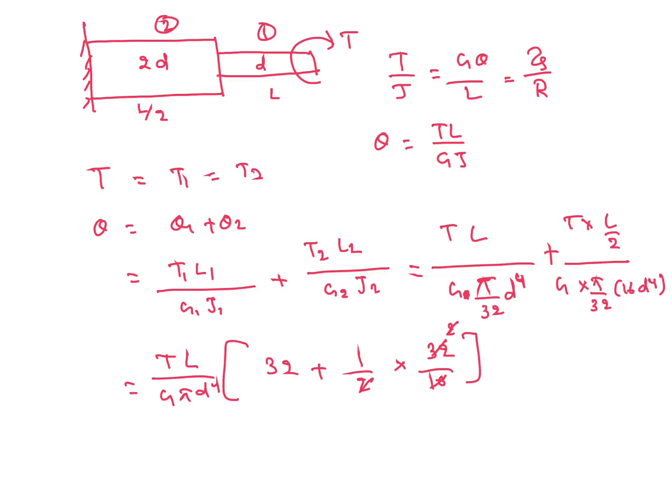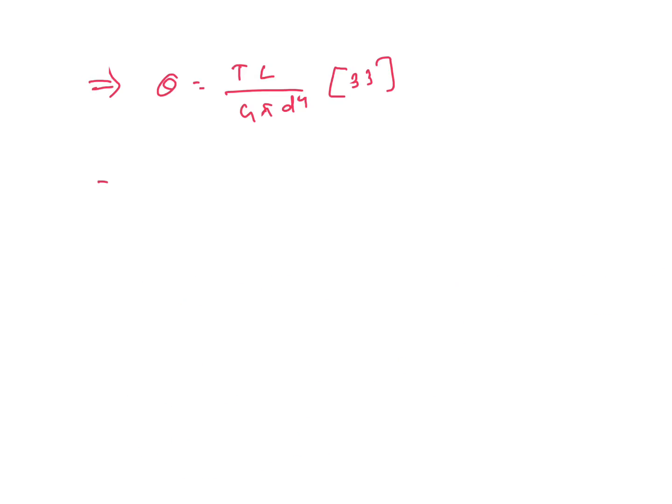We have to calculate D value. So for D to the power 4 it's TL by G pi theta into 33, whole to the power 1 by 4. This is for D value.